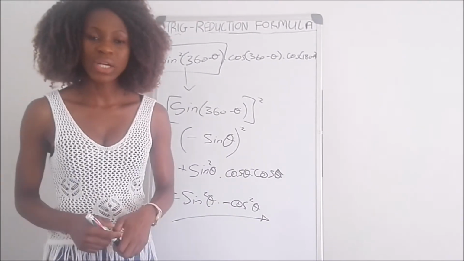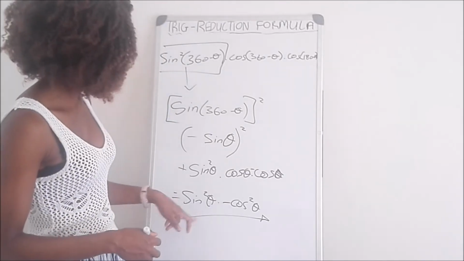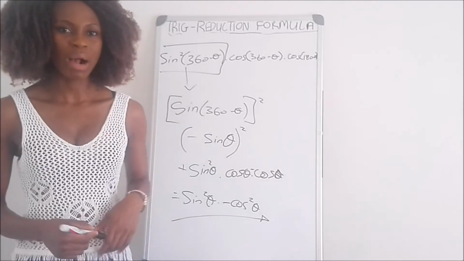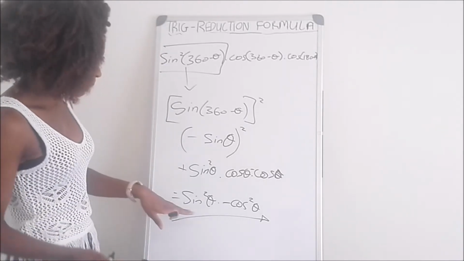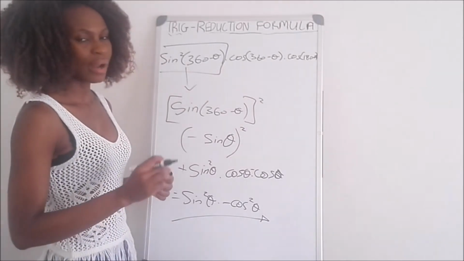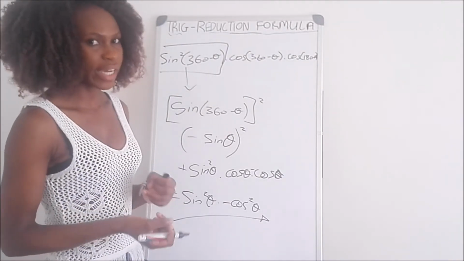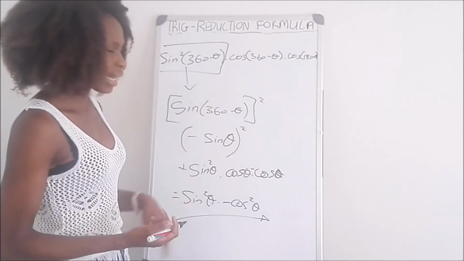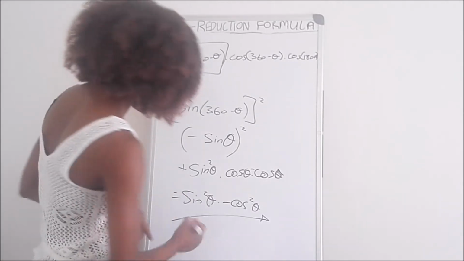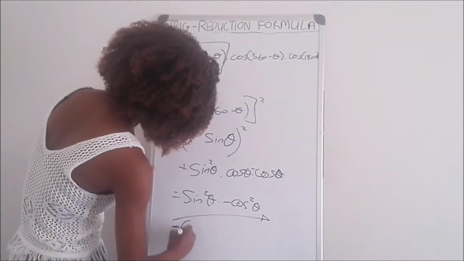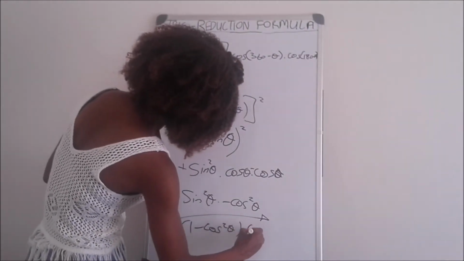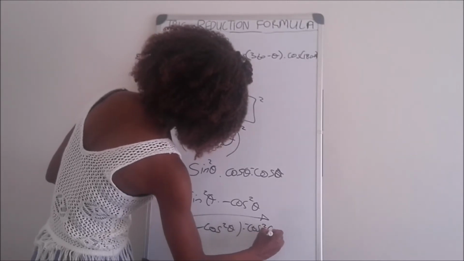But then we can actually still continue from this one by changing one of the trig ratios so that we can have our answer in only one trigonometric ratio. For example, remember in identities it says sine squared theta plus cos squared theta is equal to 1. That means that sine squared theta is actually 1 minus cos squared theta. Alright, and then from here we'll have 1 minus cos squared theta multiplied by negative cos squared theta.